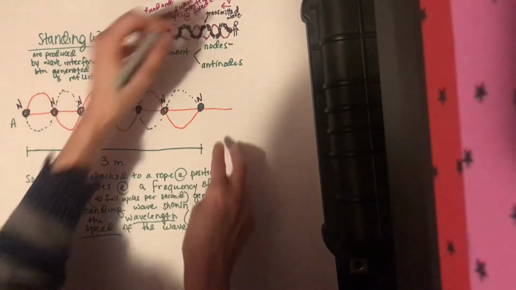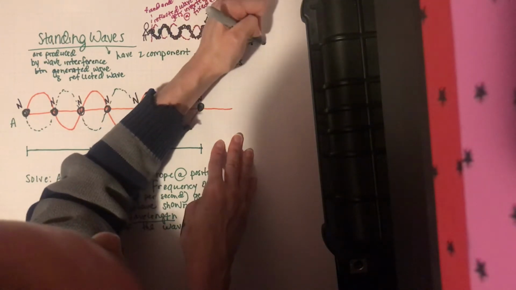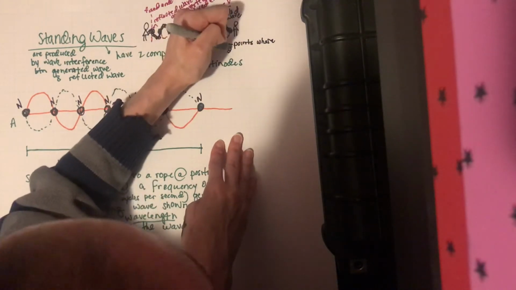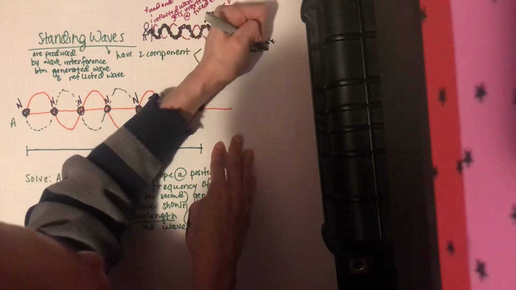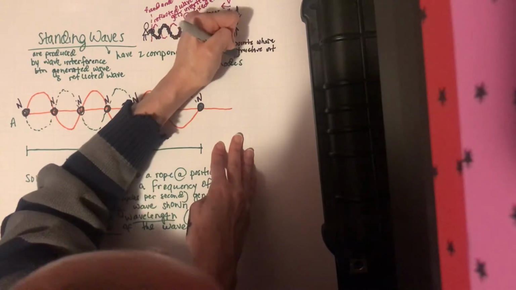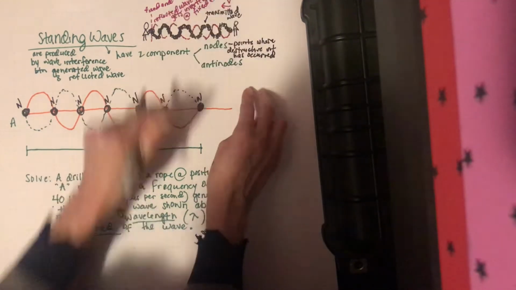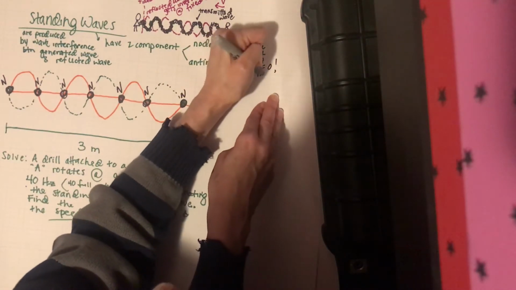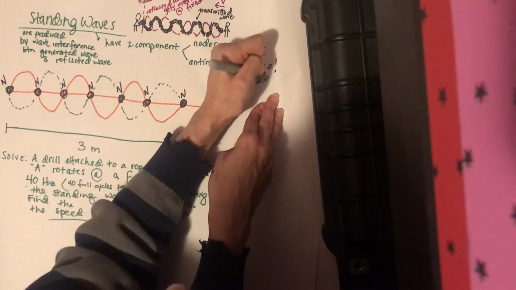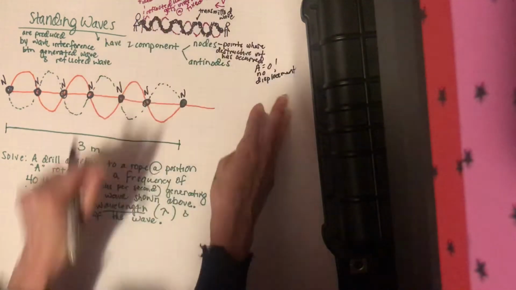And those nodes are points where destructive interference has occurred and the amplitude is 0. So there's no displacement happening at those points. They appear to be unmoving.